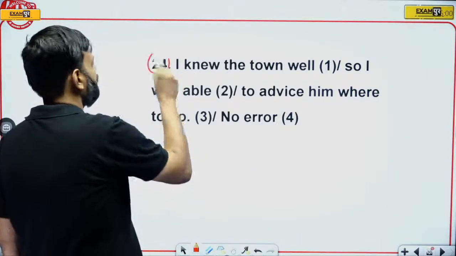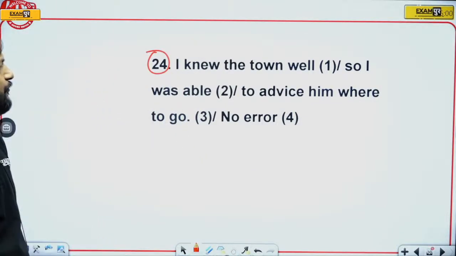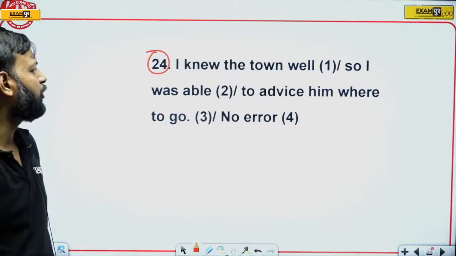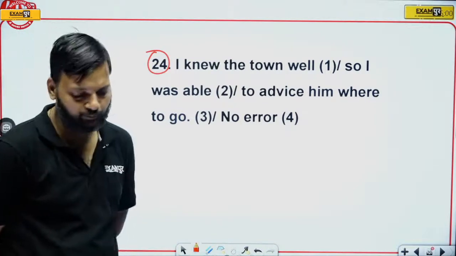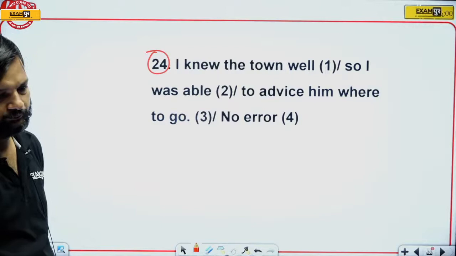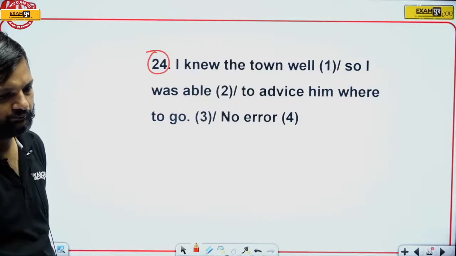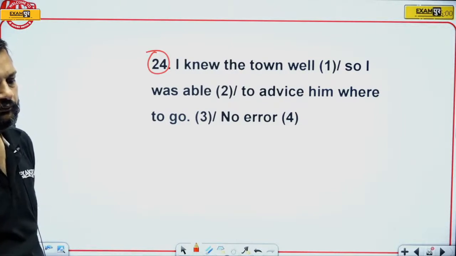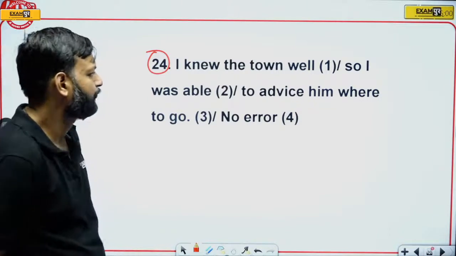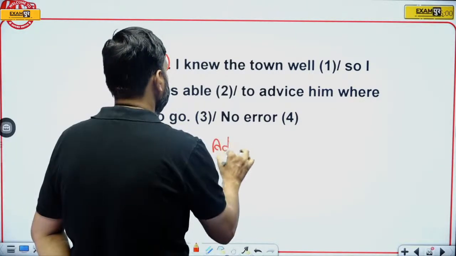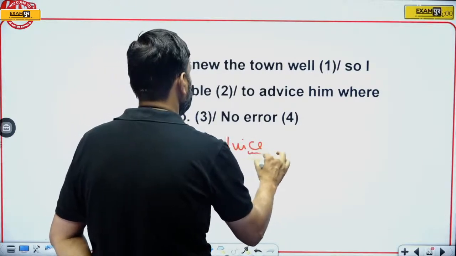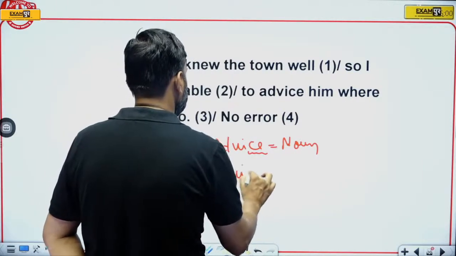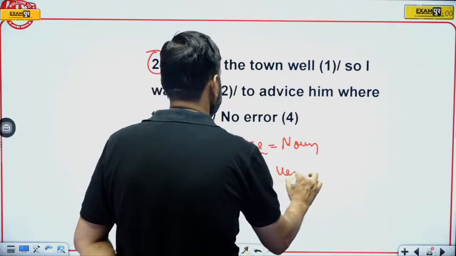Now question number 24. I knew the town well, so I was able to advice him where to go. In this sentence, see, advice, this is a noun, and advise, with an S E, this is a verb.